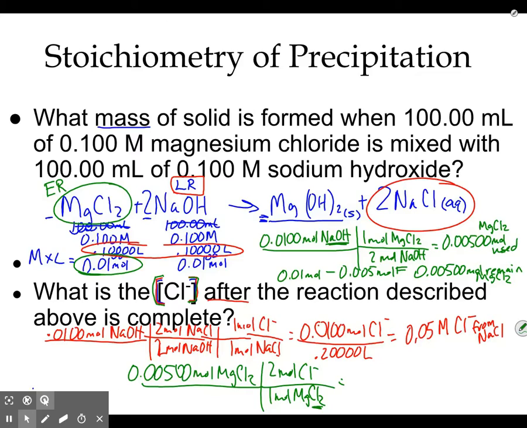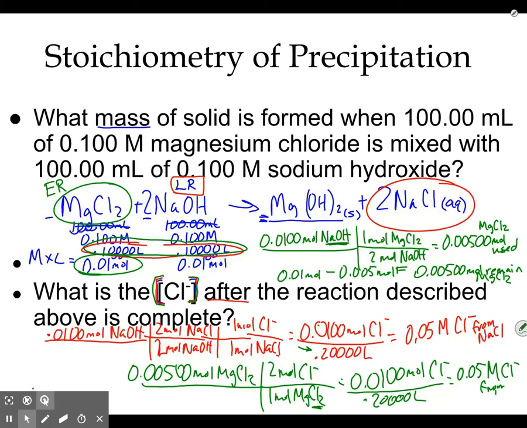That is going to give me 0.01 moles of chloride ions from the magnesium chloride that remain. Again, that's moles, not molarity, so I need to divide by that total volume again, which we found before, 0.20000 liters, because we added the 2 volumes together that were given to us. That's 200 milliliters. And so we get 0.05 molar chloride ion from magnesium chloride.